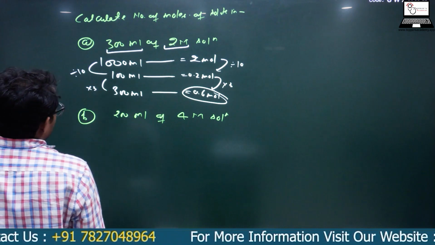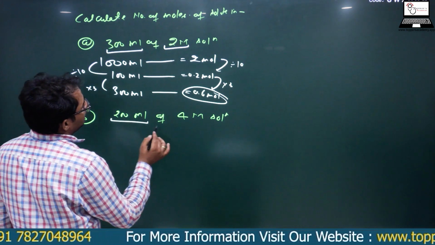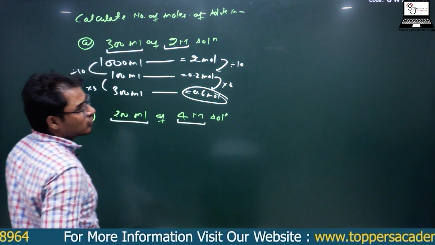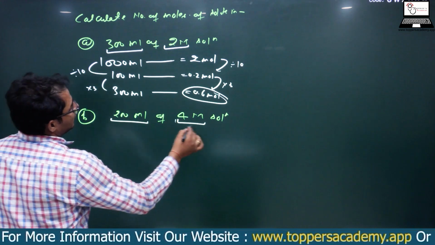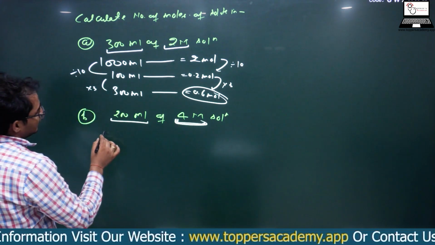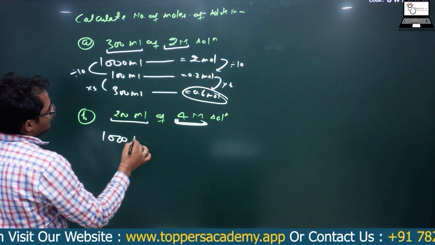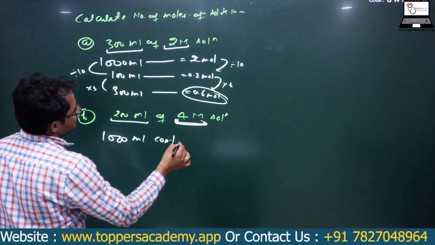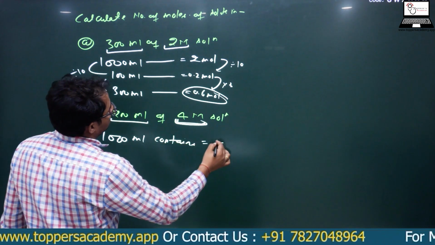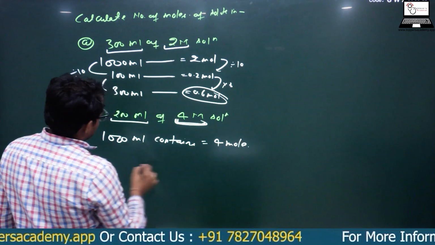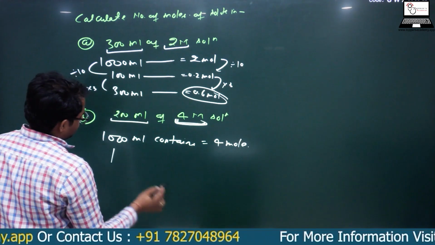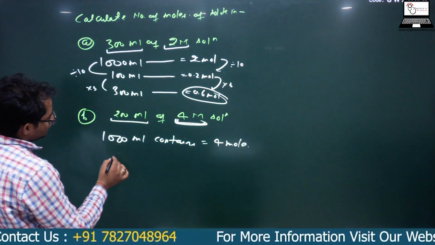Now my dear friends, if you take 200 ml of a solution whose molarity is 4 mole per liter, so if molarity is 4 mole per liter, that means I can write 1000 ml contains 4 mole of solute. So you want to calculate for 200, right?